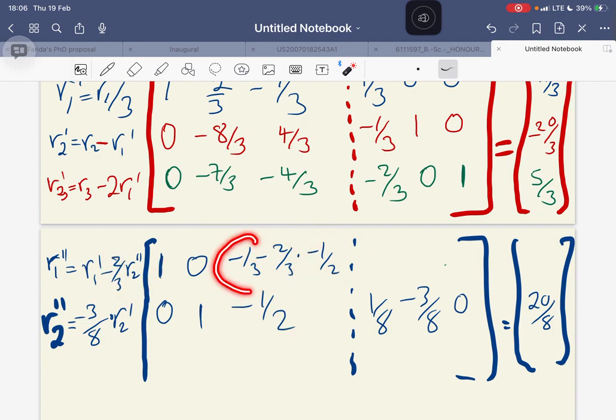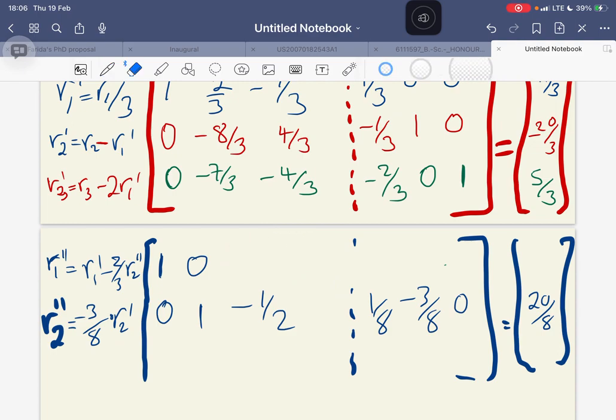And this minus 1 over 3 is from our row 1 prime, which is here, right? So now let us simplify this. Because of this minus, here becomes plus, and the 2 cancels 2, so we have 1 over 3 minus 1 over 3, so the entire value here turns out to be 0. So here is going to be 0.